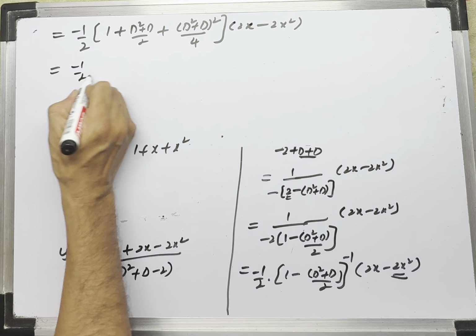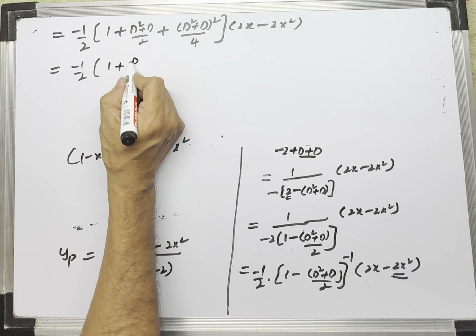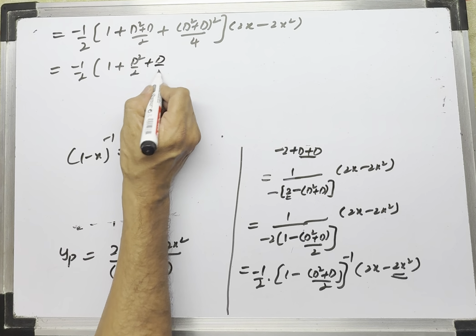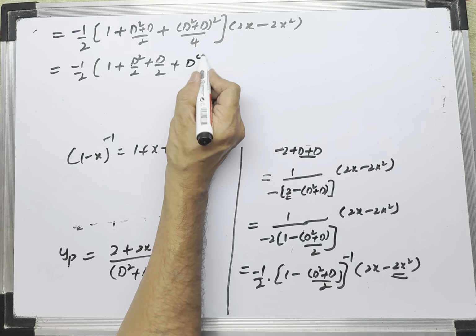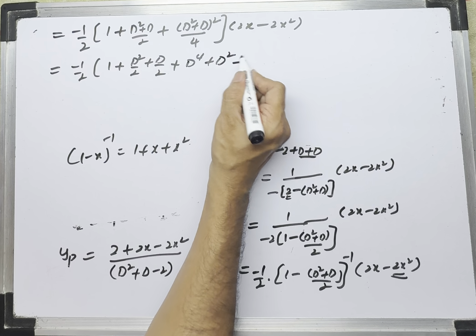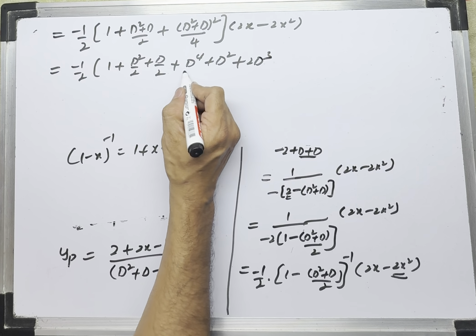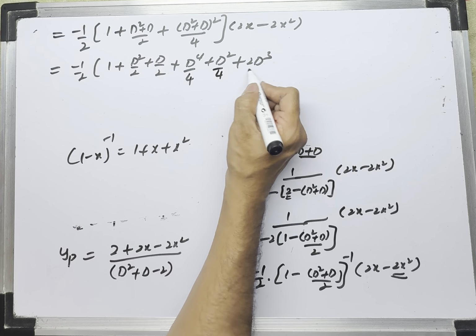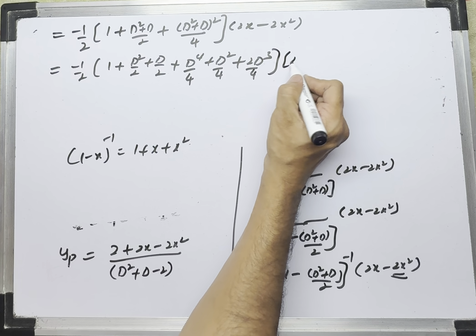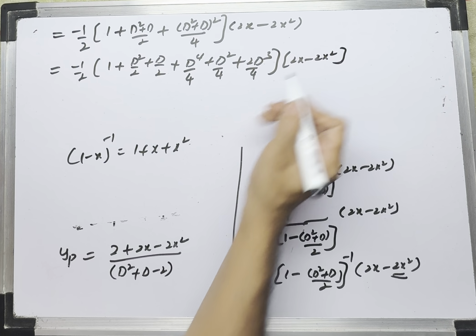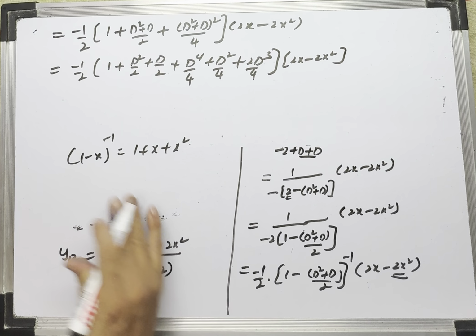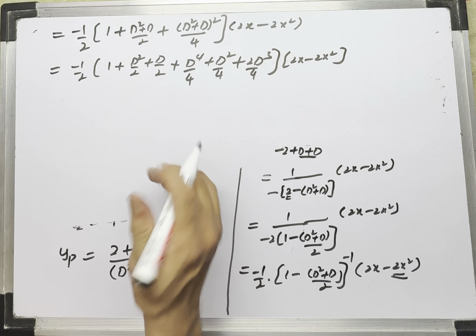Now we will expand that. 1 plus this is D square by 2, this one is D by 2, a plus b whole square, a square plus b square plus 2ab divided by 4 into 2x minus 2x square. The terms more than power 2 are ignored, discarded.